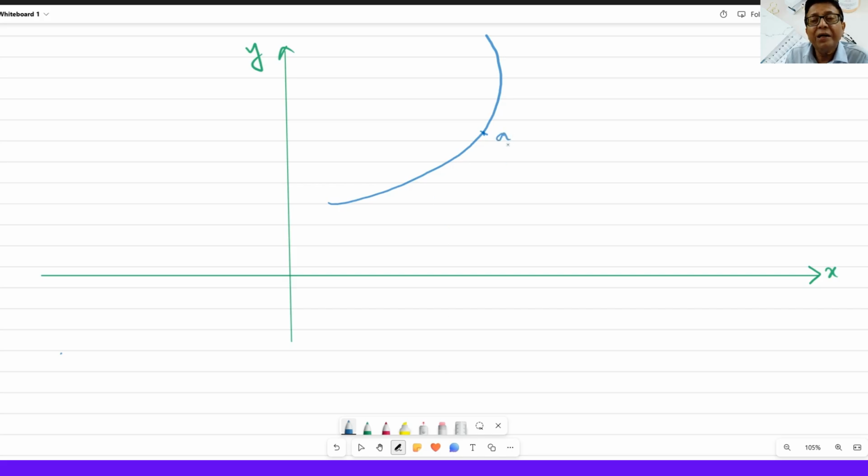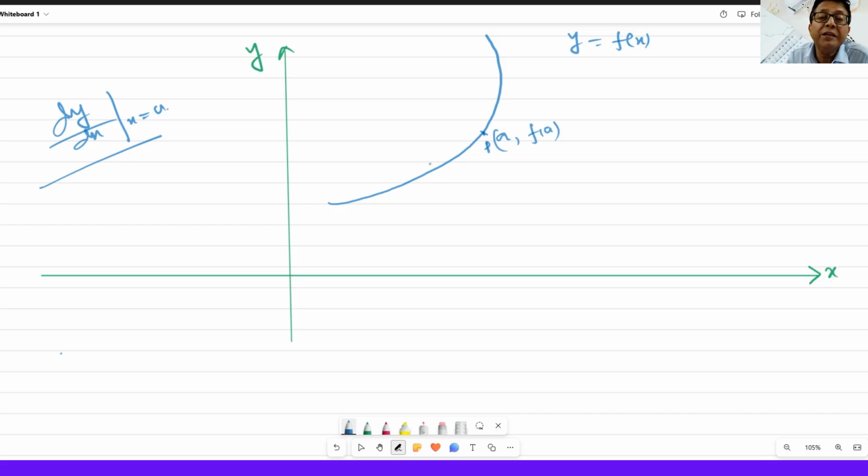If the function is y equal to f(x), then the coordinate of this point, the point P, is a comma f(a), the point where you are going to find dy by dx at x equal to a. You know the geometrical meaning. This is the slope of the tangent.